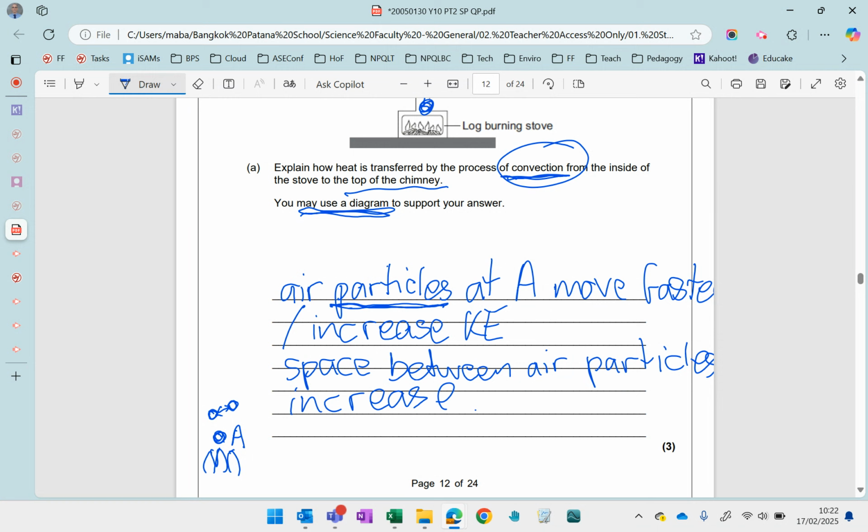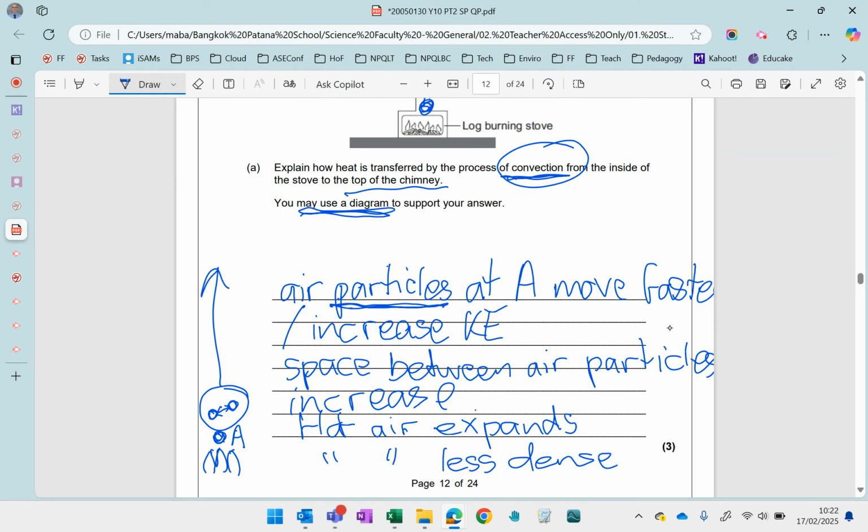So that means that the hot air expands. It's now taking up more space than it did previously. So the hot air is now less dense, and that means that the hot air is now going to rise to B. So the hot air now rises.